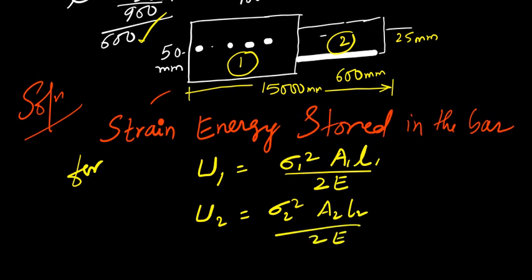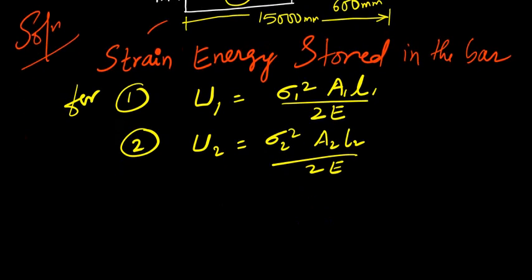The total energy U is U1 plus U2, the total energy in the bar.